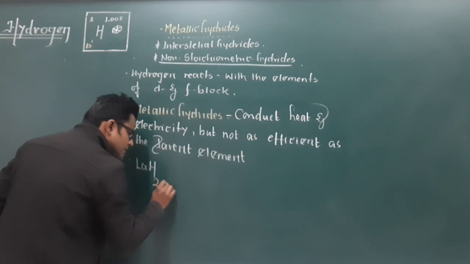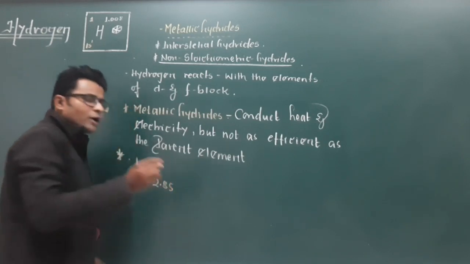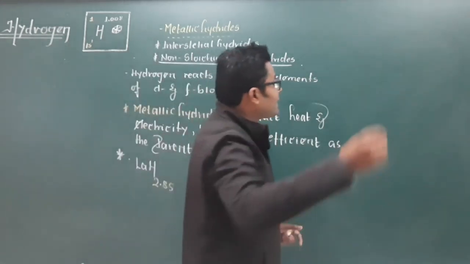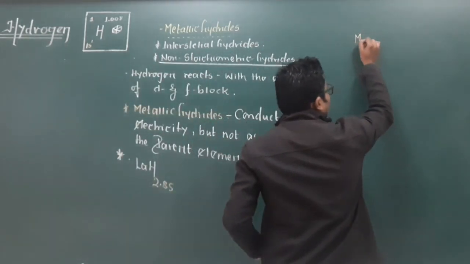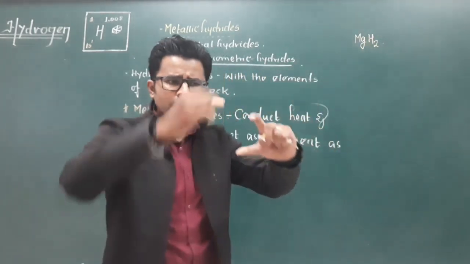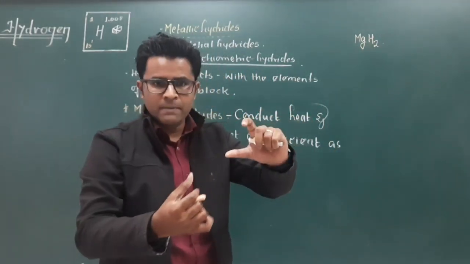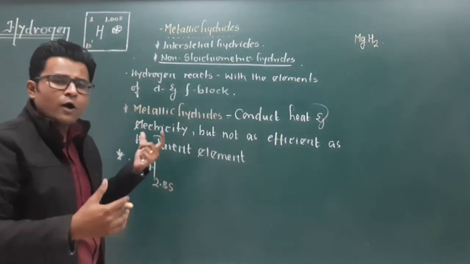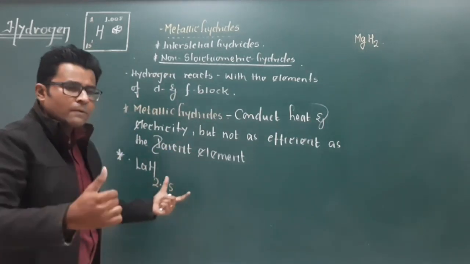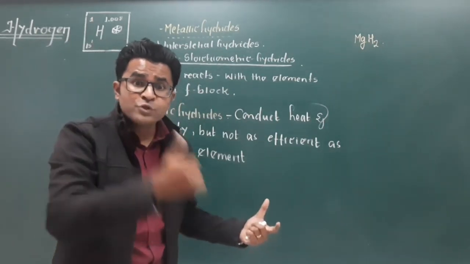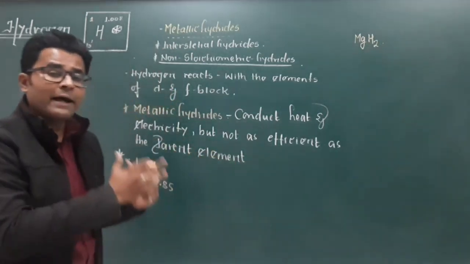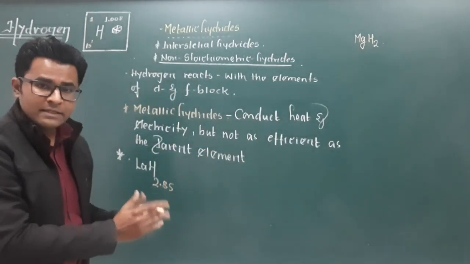Rather, it is 2.85. It's not a perfect whole figure in this case. Whereas we used to write magnesium hydride with one magnesium and two hydrogens, here that ratio is not fixed. In such a condition, the law of constant proportion absolutely fails. We cannot apply that rule in this scenario.